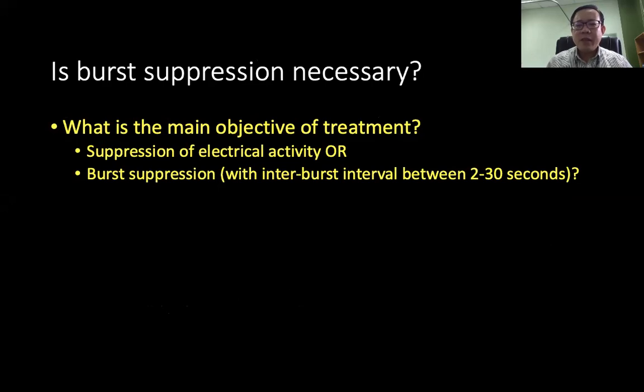But if we can only do EEG once or twice a day for a patient, then we need to have confidence of a sustained effect for more than 24 hours. Then burst suppression is useful, and that's why it's still used in my hospital.